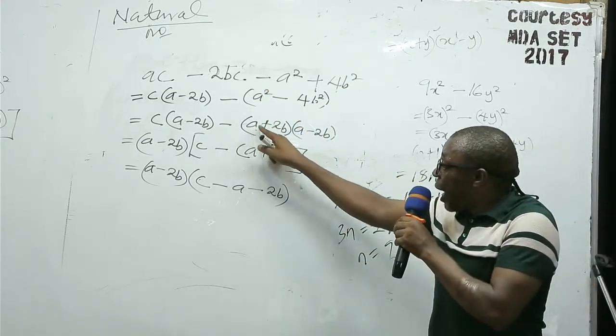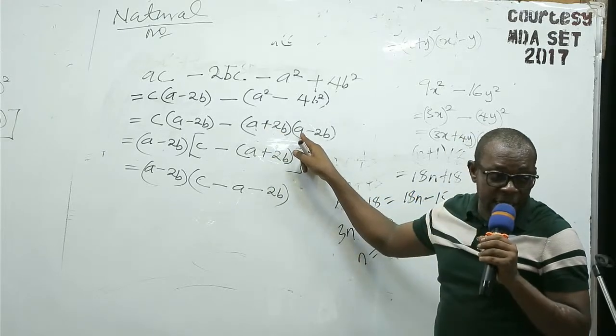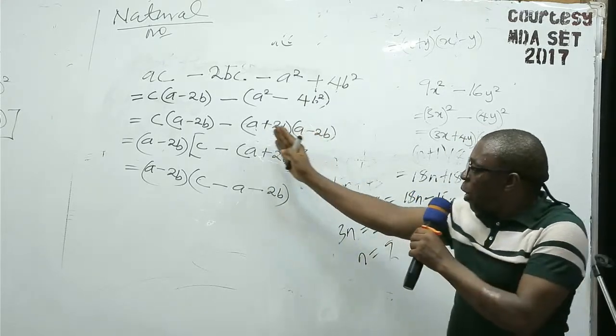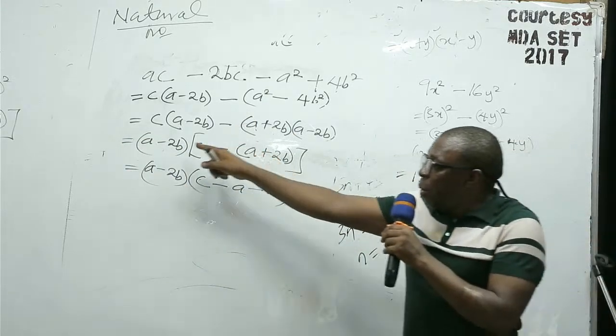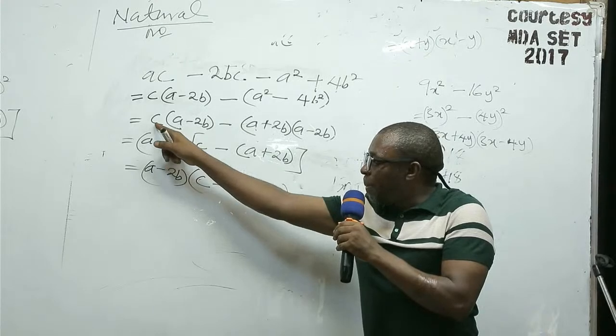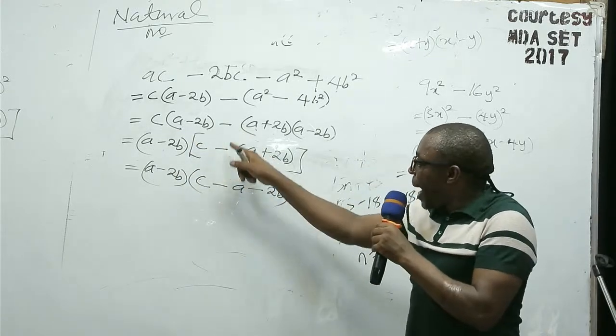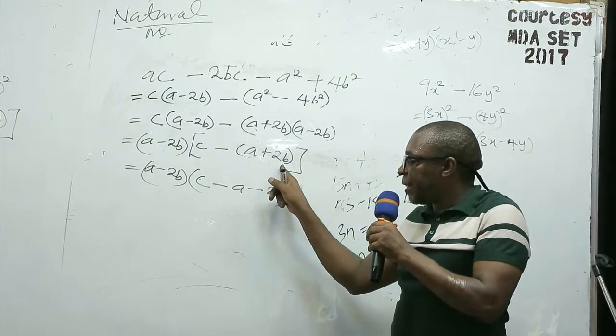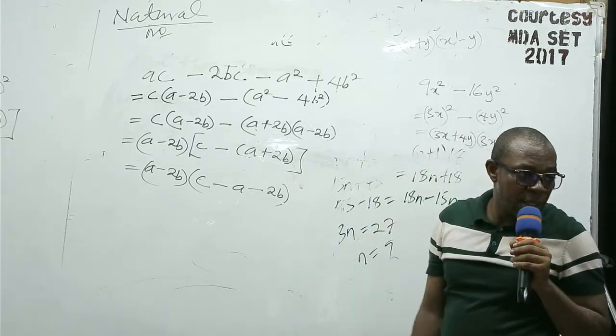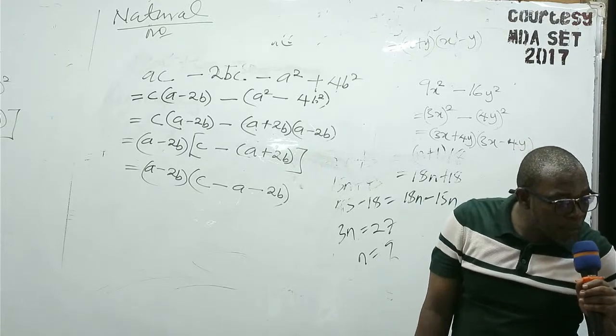So it is a plus 2b into what again? Then look at this side. What is common? Remove a minus 2b. Who is remaining here? Then minus. Who is remaining here? Then you open the inner bracket. Then you get this one. And you said it is a problem.